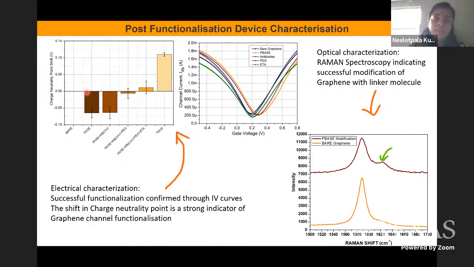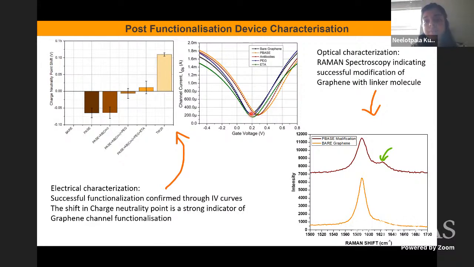One of the ways is through electrical characterization, in which we do a very normal IV curve on the FET by sweeping the gate voltage in a certain range, and then see how the graph changes. If we look at the pointer over here, as we keep introducing different functionalizing agents on top of the graphene, we see that the graph shifts to the right in different directions.